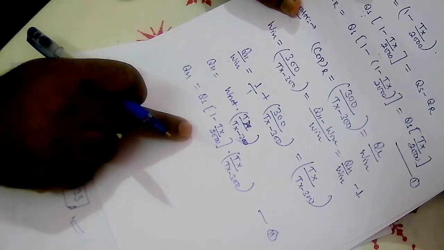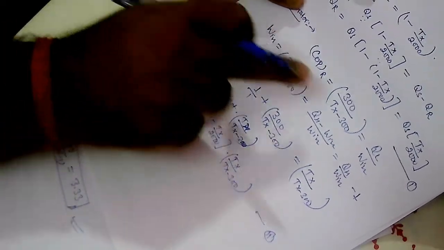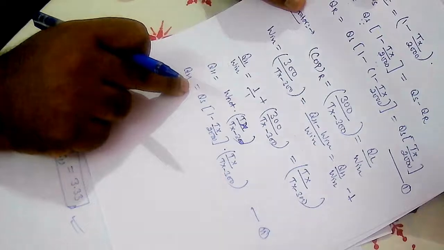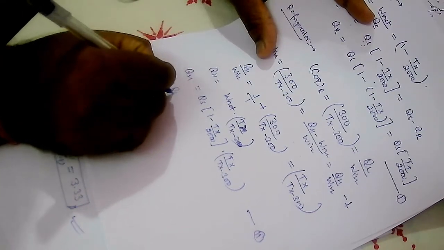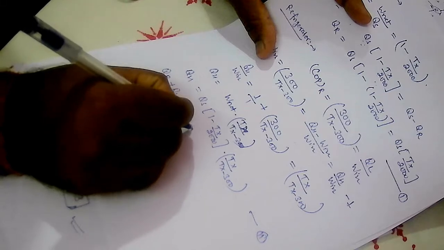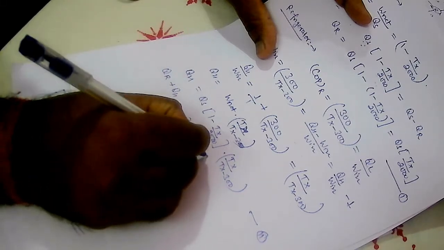You got this. Now it is given that QR plus QH is equal to 3000 kilojoule per cycle.